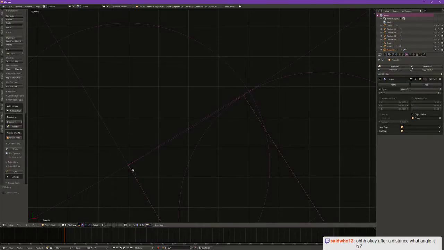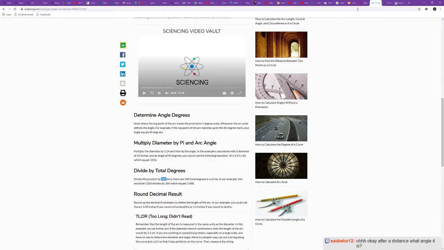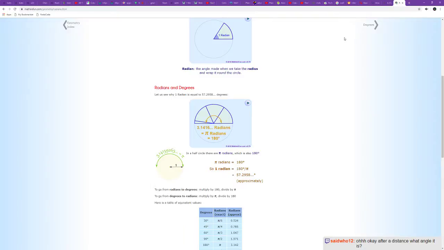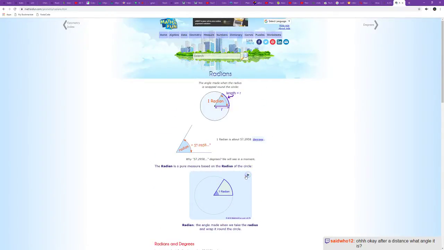Yeah, but the distance is going to be bent around the curve. Like this animation here. You got that distance, and then it's bent around the curve, which gives you that angle. 1 radian, apparently.